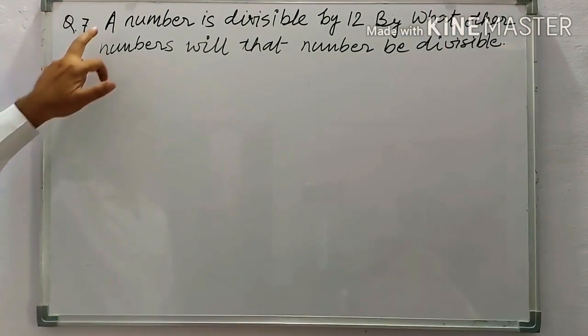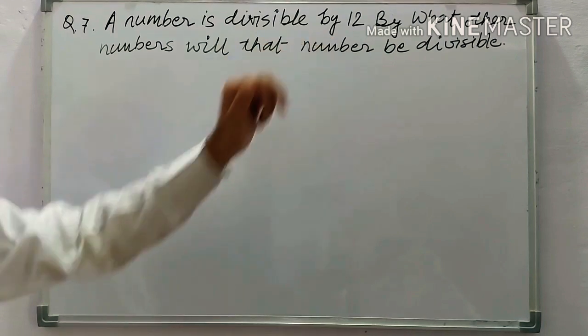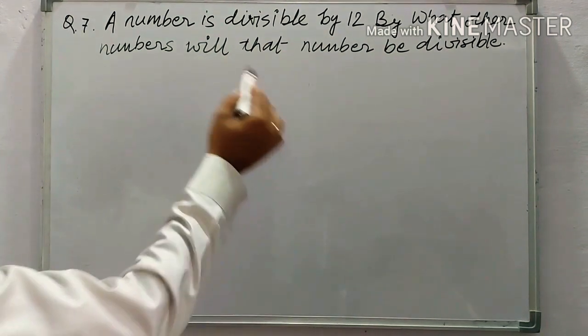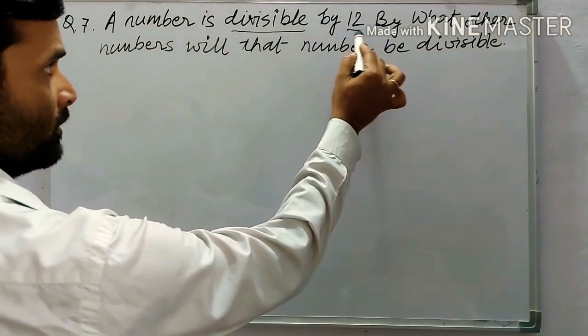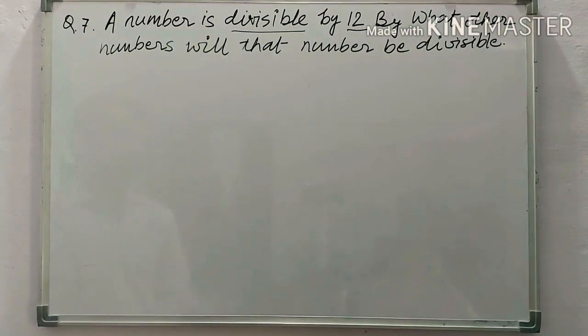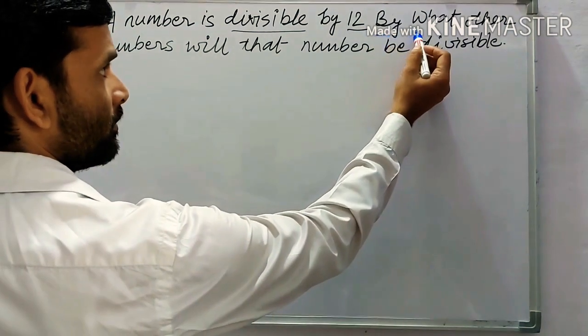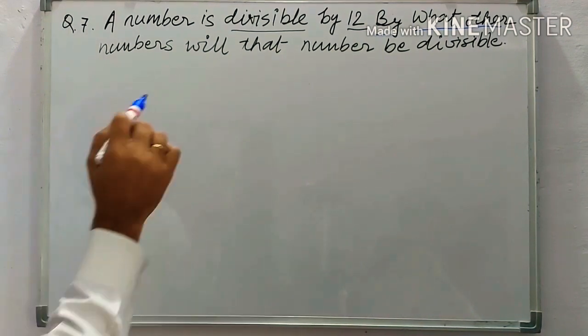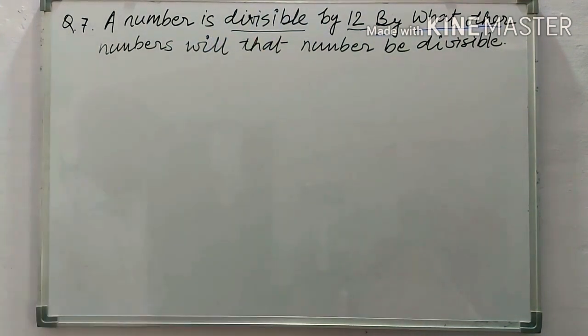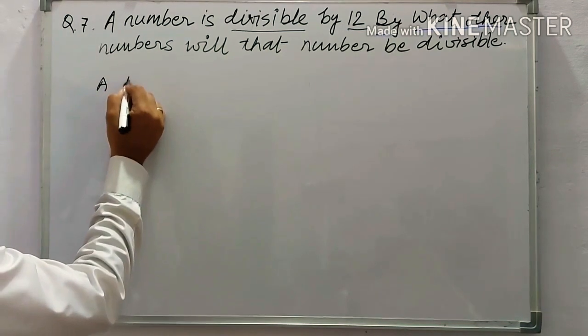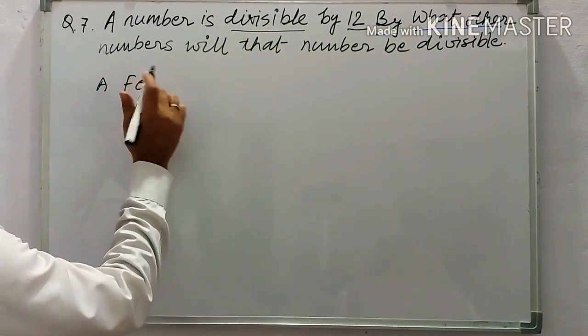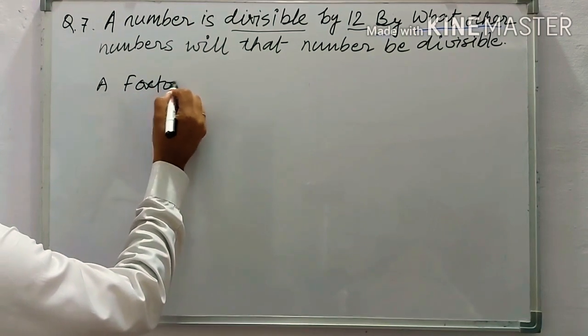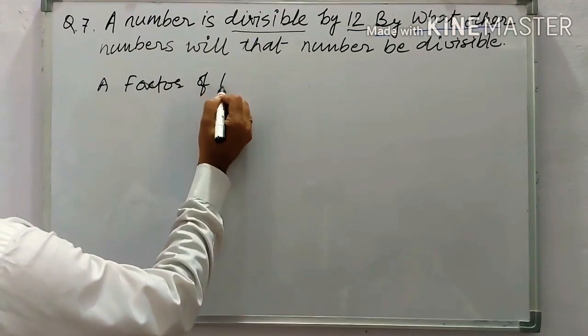Question 7. A number is divisible by 12. By what other number will that number be divisible? Okay, so first we write the factors of 12.